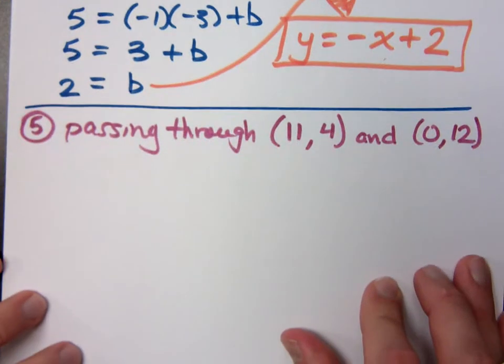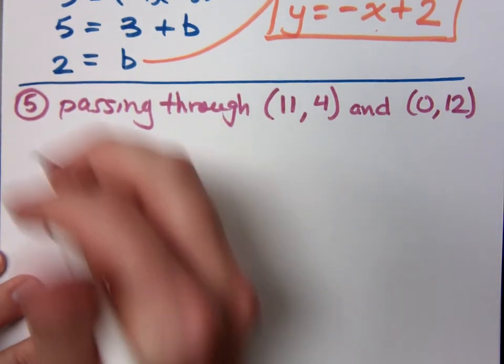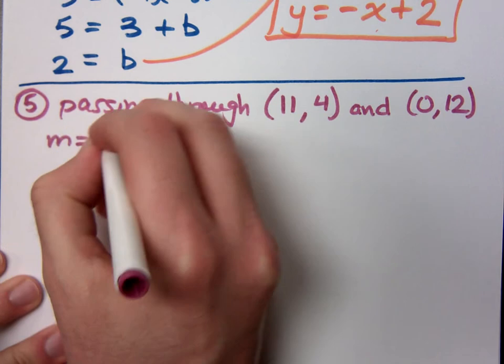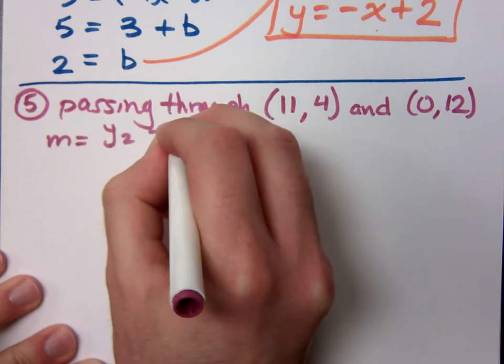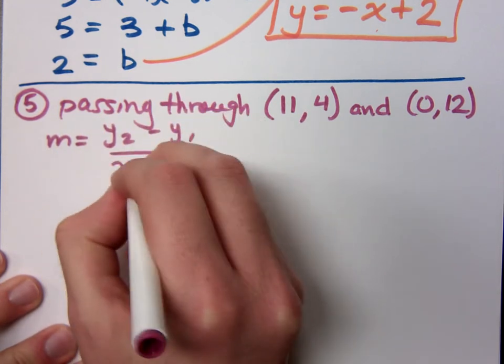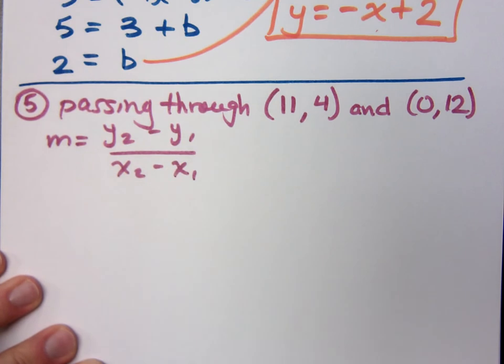Just like we already did, let's find my slope. My slope is given by the formula y2 minus y1 over x2 minus x1.